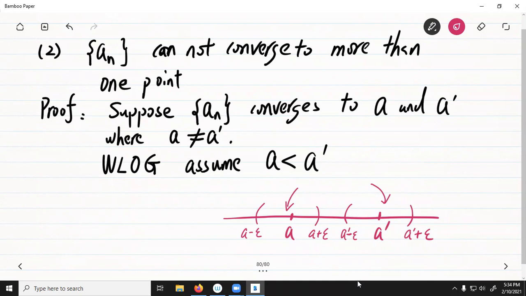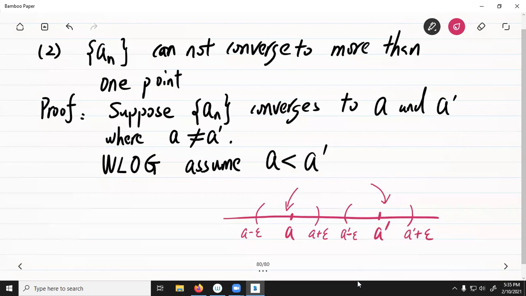It's impossible, right? You cannot say all the points are in this interval and all the points are in this interval, because epsilon is arbitrary. We can choose this epsilon to make these two intervals have no intersection, no common parts, so the intersection of these two intervals is the empty set.